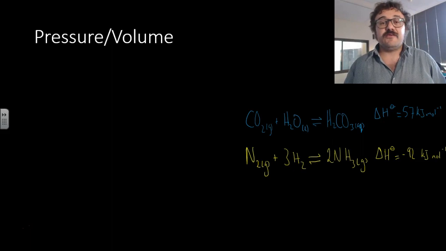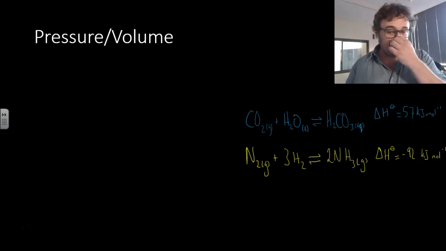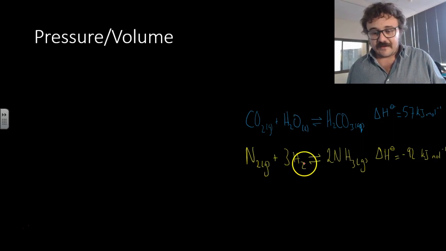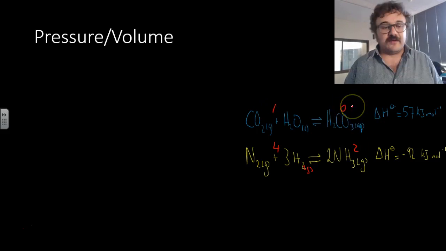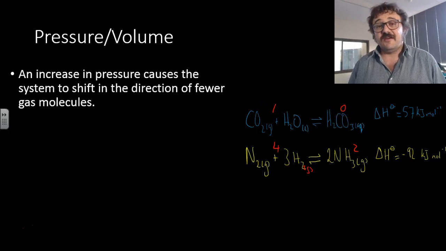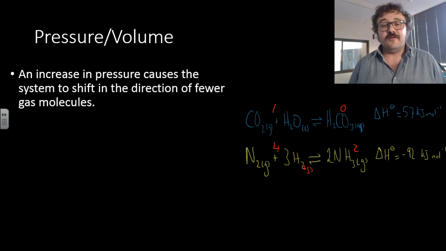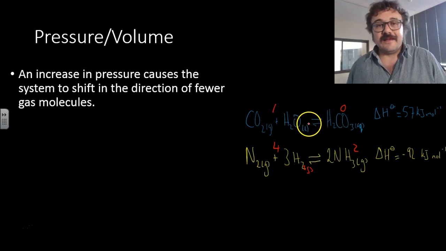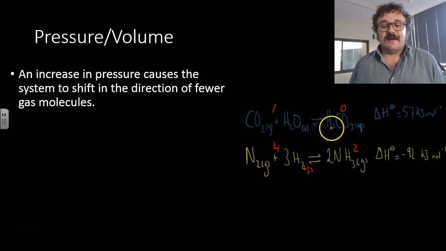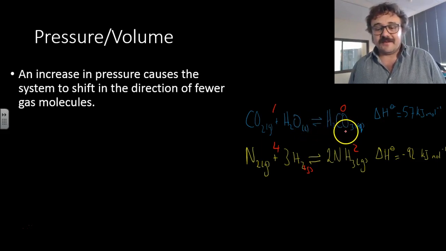Pressure and volume relate to gas particles in a reaction only. For example, here, this is a gas. We have 4 moles of gas for every 2 moles of gas over this side. We have 1 mole of gas for every 0 moles of gas over that side. If we increase the pressure, and you increase the pressure by decreasing the volume, the system will move to the side with fewer gas particles, which is this side.